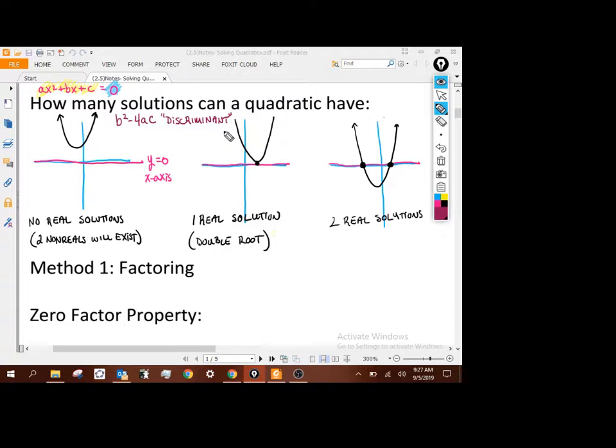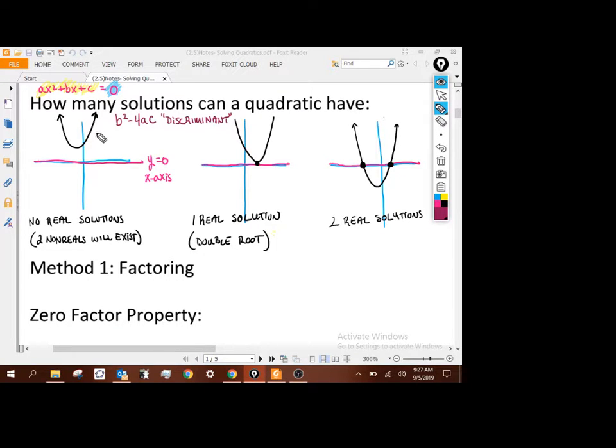So the discriminant, what it means to discriminate is just to recognize differences, right? Okay, so discriminate is not a bad term. All it means is that you're recognizing an obvious difference. So with the discriminant inside quadratic equations, b squared minus 4ac is the thing that allows us to make that recognition of a difference.